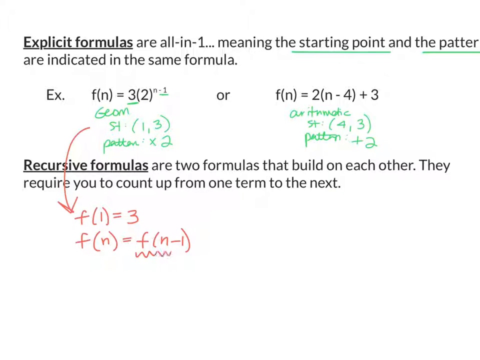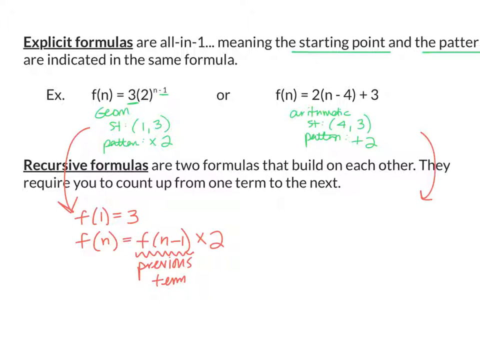This whole thing, notice that's not n minus 1, that's f of n minus 1. It's another function, and this means the previous term. So it's the previous term, and what are we doing to it each time? We're multiplying by 2.